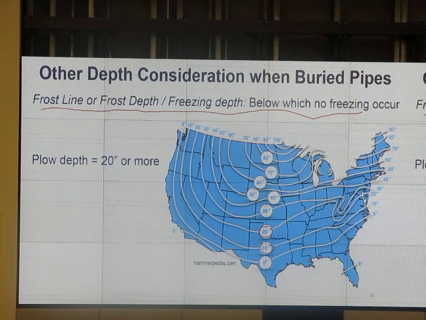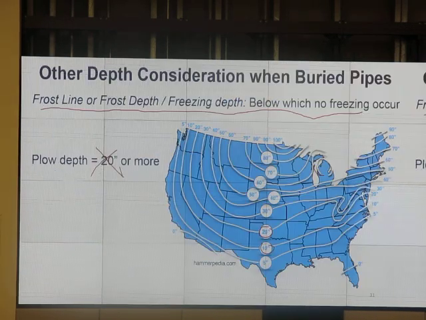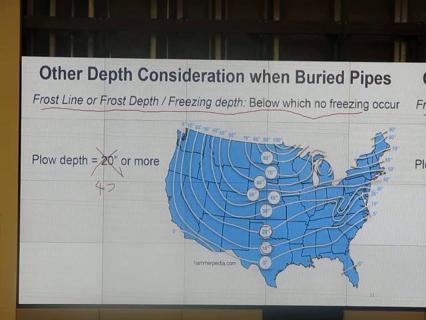So you don't want any water to freeze. So you have to make sure that you are below the frost line. I think the new slide I fixed that to be 42. Is it 42 in your new version? I corrected this and I uploaded another one.